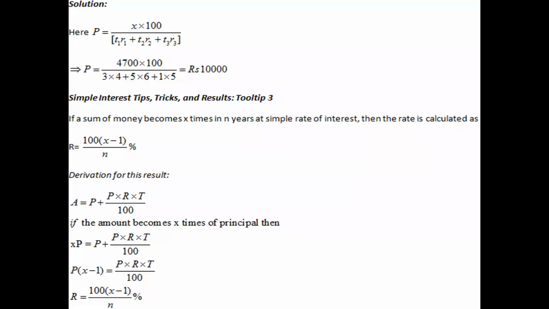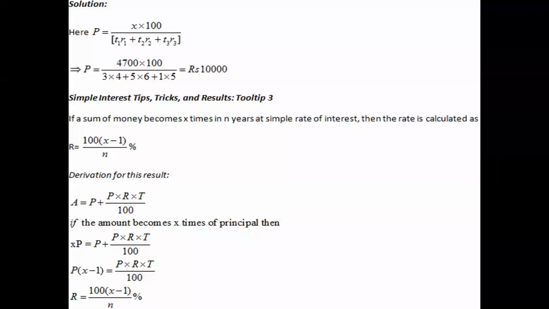The derivation for this result: A equal to P plus PRT by 100, where P is the principal amount, R is the rate of interest, and T is the time. If the amount becomes X times the principal, then what will the formula become?